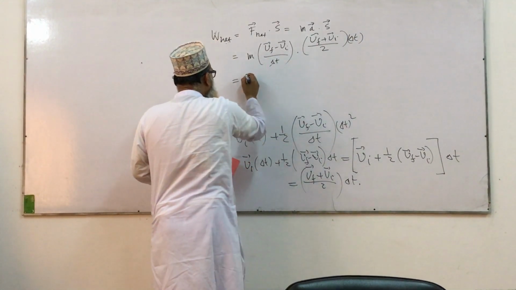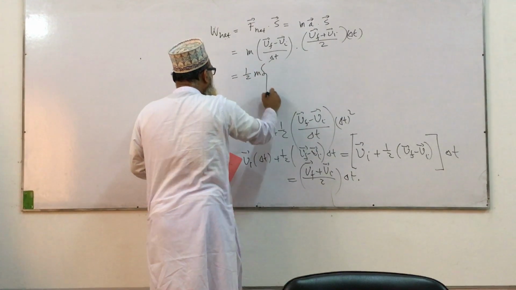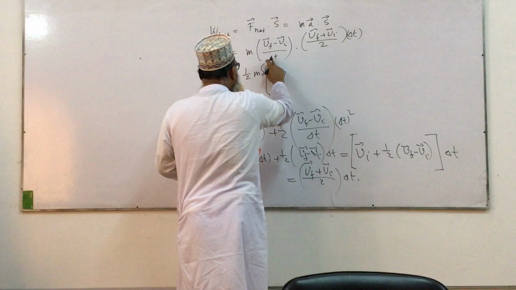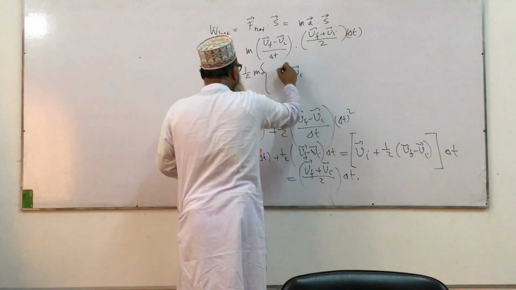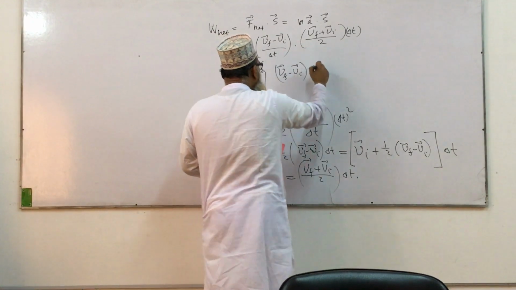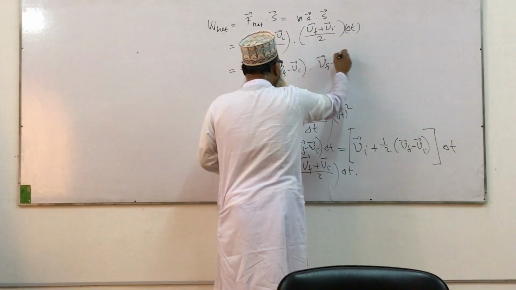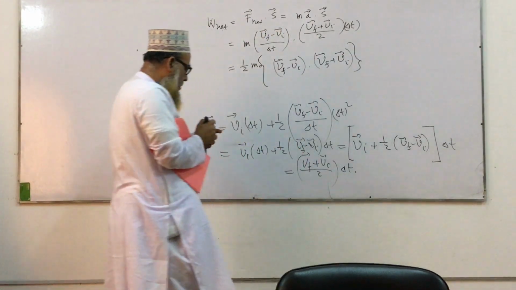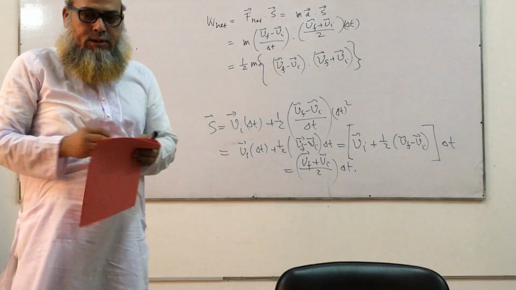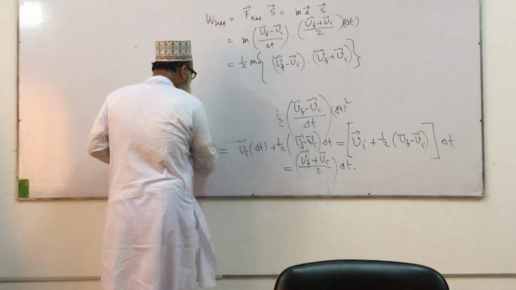These two we can take in the form half M times Vf minus Vi dot Vf plus Vi. Right? We are heading in the right direction. So far, nothing bad.